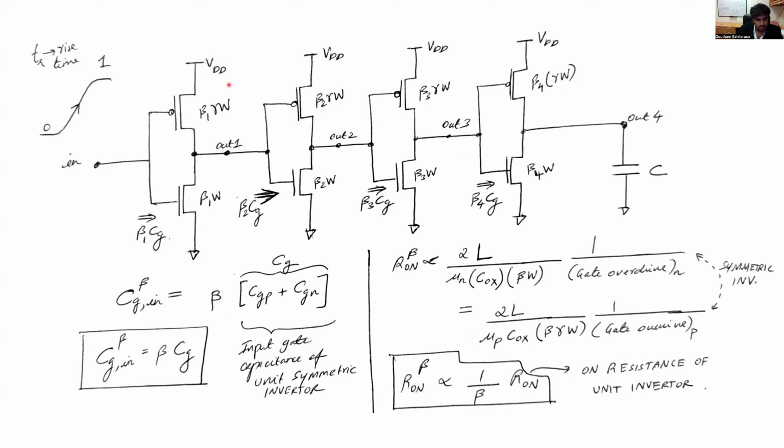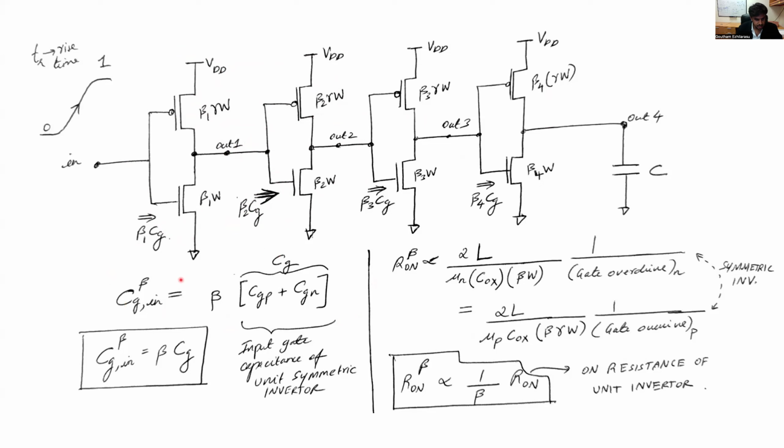Stage one, which is the beta 1 inverter, is driving the beta 2 inverter, and therefore looking into the input side of the beta 2 inverter, it sees a load capacitance which is beta 2 times the gate capacitance of the unit inverter, which we already talked about. Each one of these stages sees the input capacitance of the next stage, and hence there is some delay in the signal propagating from one stage to the next.